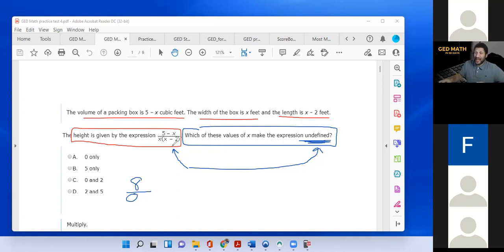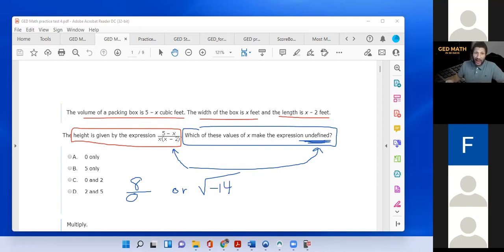Okay, so when the denominator is 0, or you have a negative square root, that's when something is undefined. Those are the only 2 cases you have to worry about: if the denominator is 0 or a square root of a negative number.